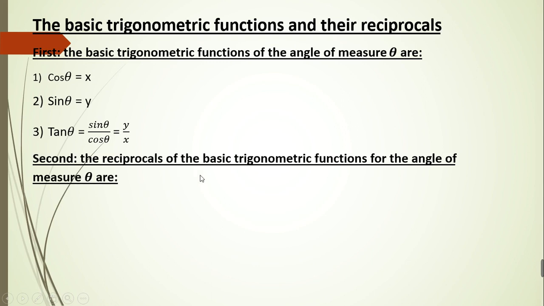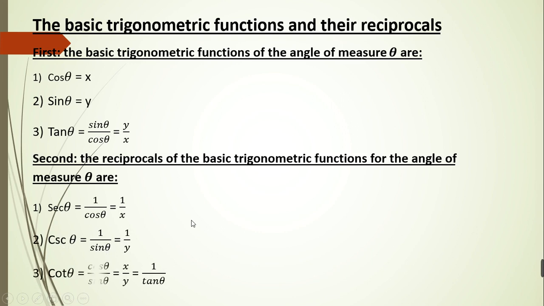The reciprocals of the basic trigonometrical functions for the angle of measure theta are: sec theta equals 1 over cosine theta, which is 1 over x. Cosec theta equals 1 over sine, which is 1 over y.